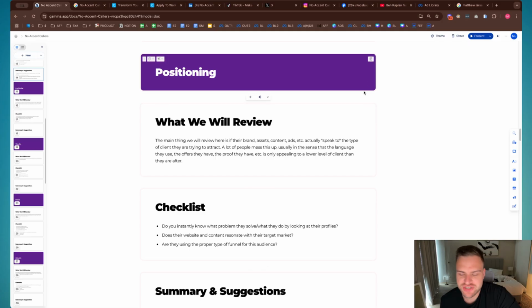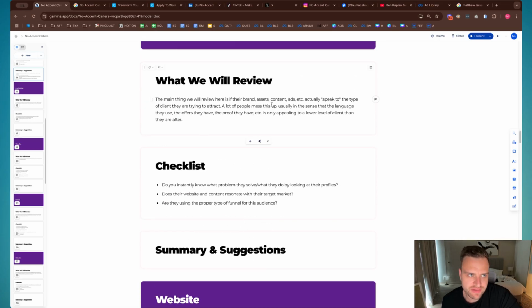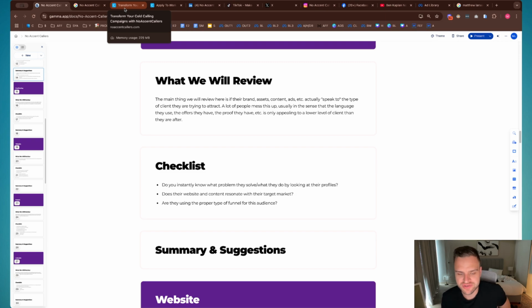And what makes good positioning or not is really based on who your target market is. Positioning for someone who's targeting beginners would be atrocious positioning for someone who's targeting Fortune 500 companies. But in the context of who they're targeting, it could be absolutely amazing positioning. So I just know that No Accent Colors is trying to target people who are going to spend about 15K per month or more.